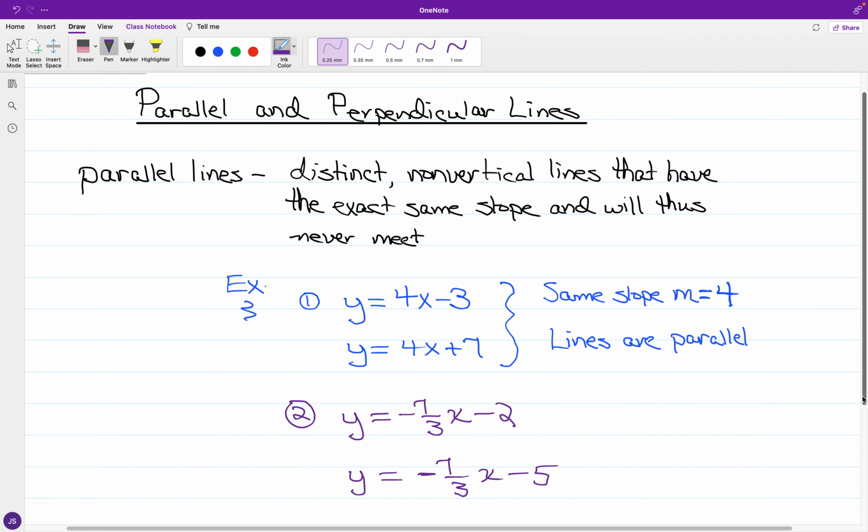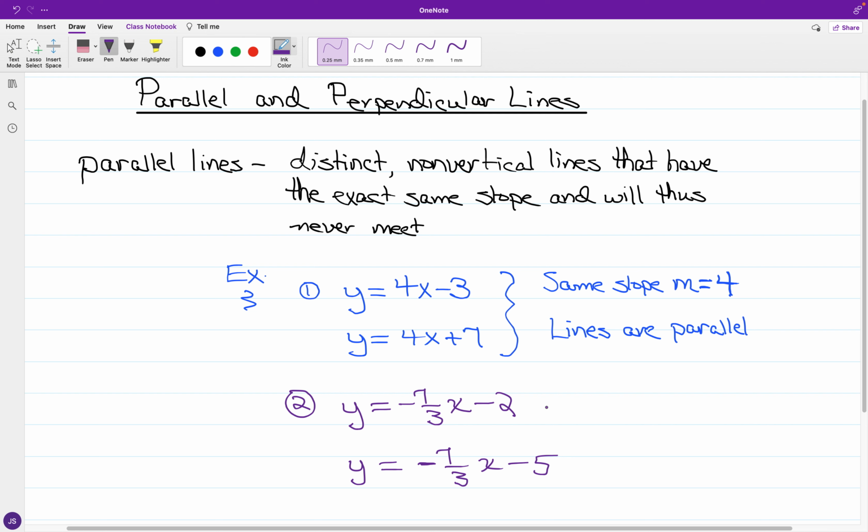Okay, so not the same line since we have different y-intercepts, but we do have the same x terms, and with the equations expressed in slope-intercept form, again we have history repeating, where this time we have the same slope, and the slope for both of these lines will be negative 7/3. So in this pairing, the lines are parallel.